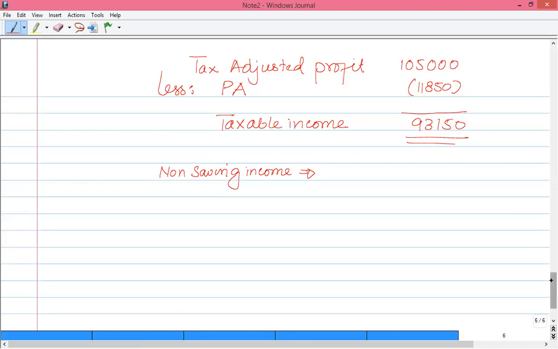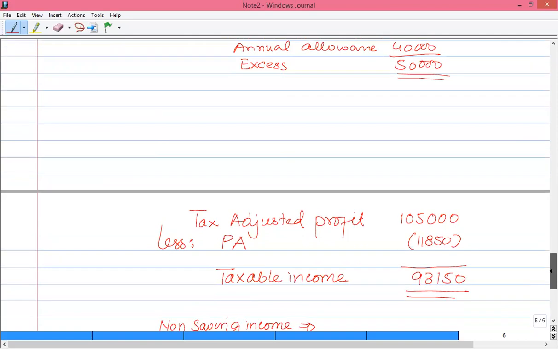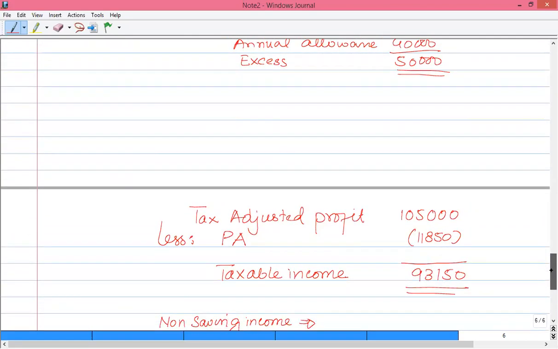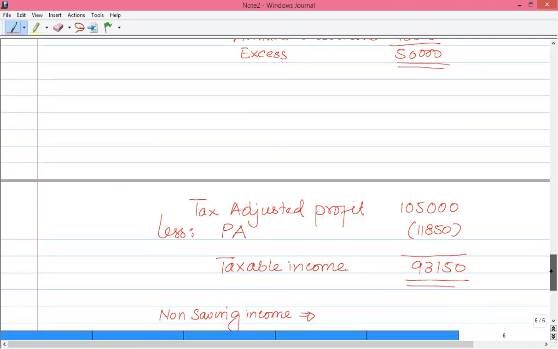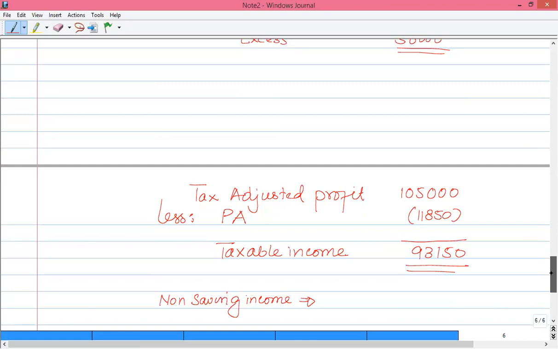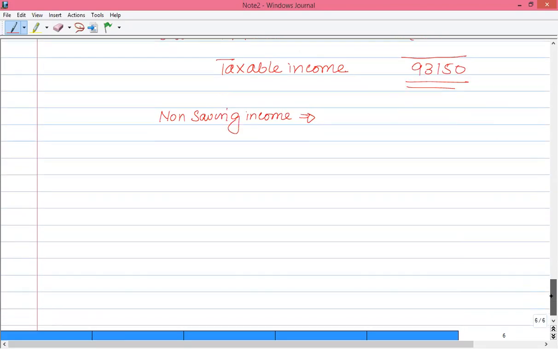Now we know that if there is any personal pension contribution, then the band would be increased. So let's find out the band. Our basic rate band is 34,500. So we'll add 90,000 of contribution.